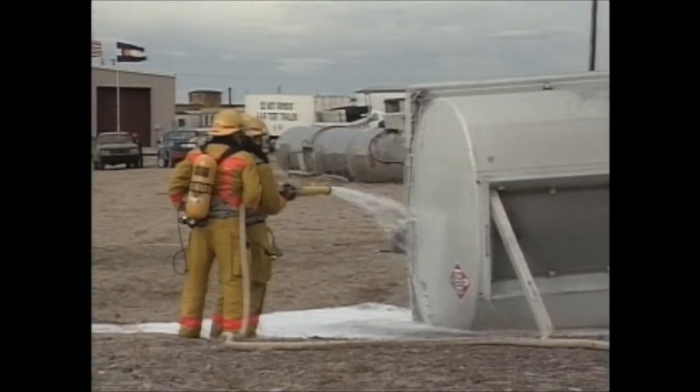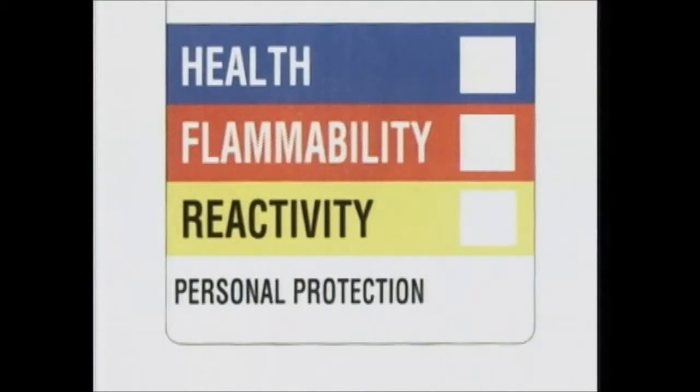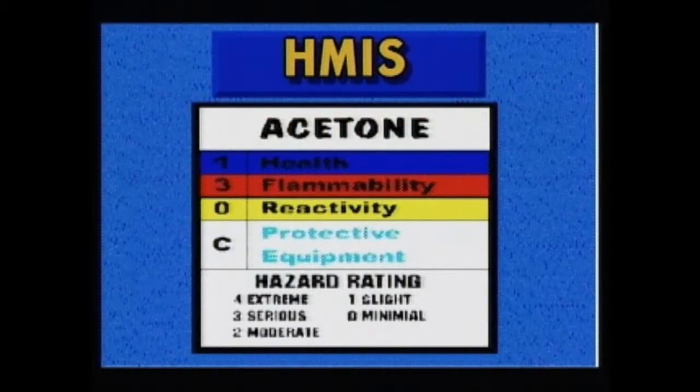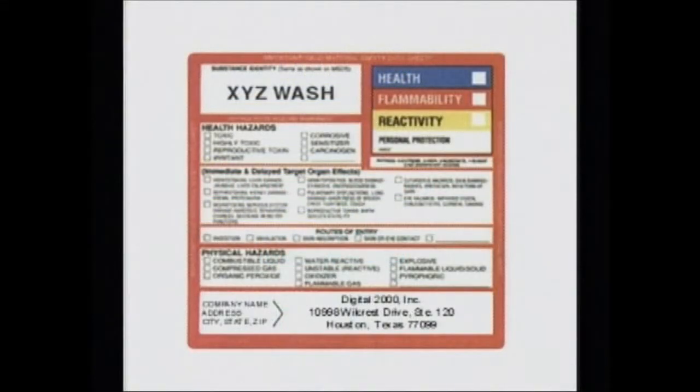The DOT system is used for the transportation of hazardous materials. HMIS, or Hazardous Materials Information System, is one of the most popular systems for labeling containers. It uses standard labels to communicate hazards through the use of colors, numbers, and letters of the alphabet and symbols.